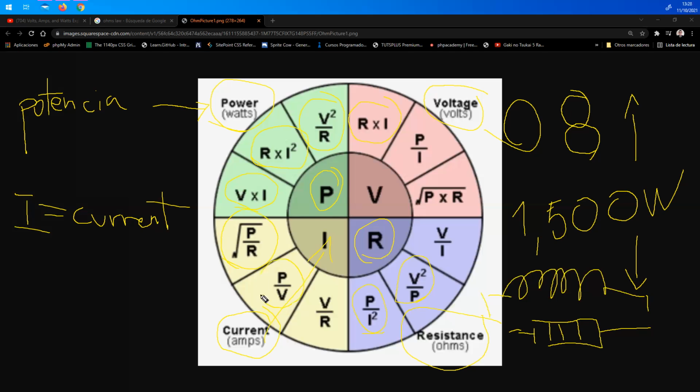I also have the other option to form it like the power divided the voltage. Or voltage divided the resistance.